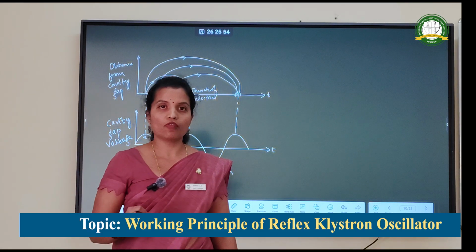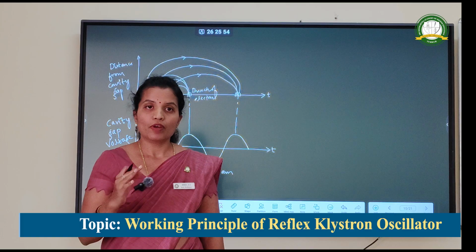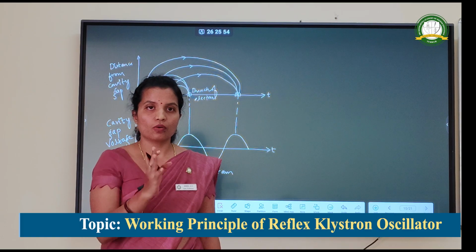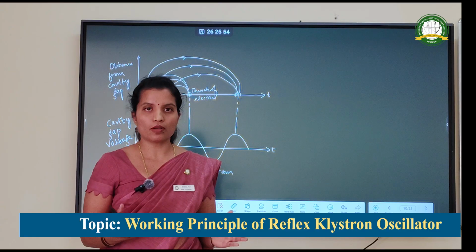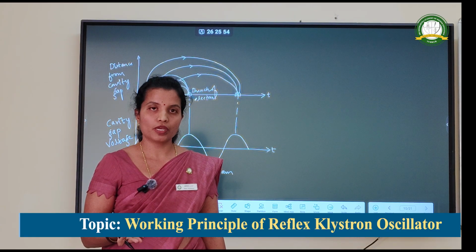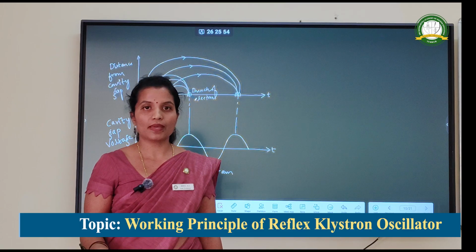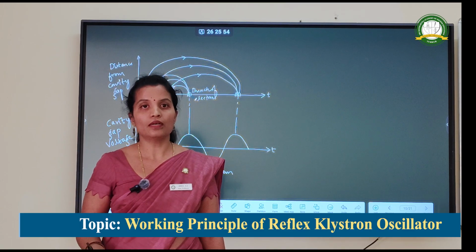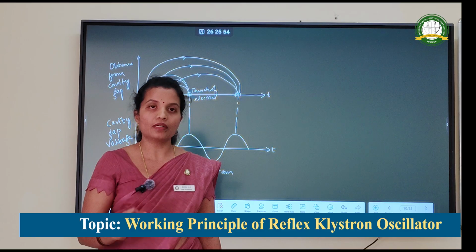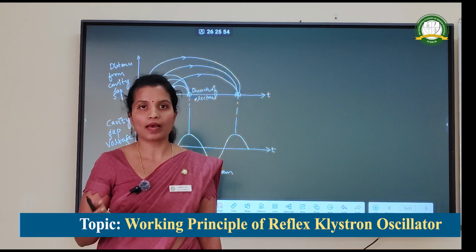These bunches of electrons will lose their kinetic energy. When they coincide with the positive peak, they lose their kinetic energy, and that energy will be absorbed by the cavity, and thus amplification of the RF noise will happen.